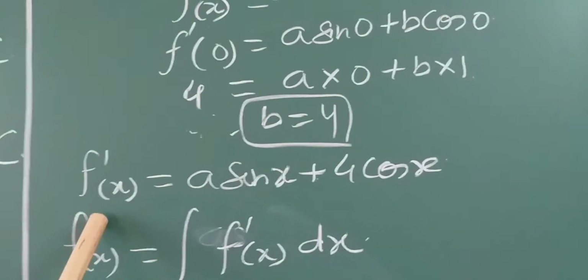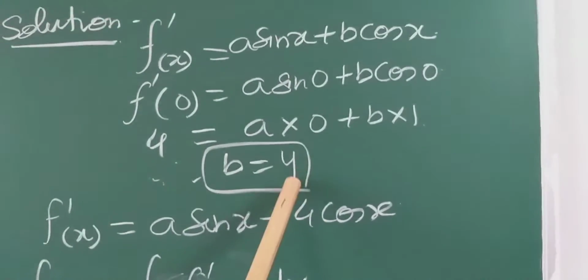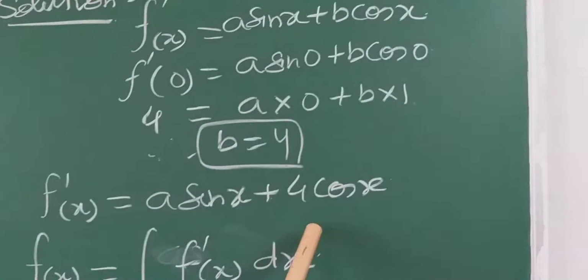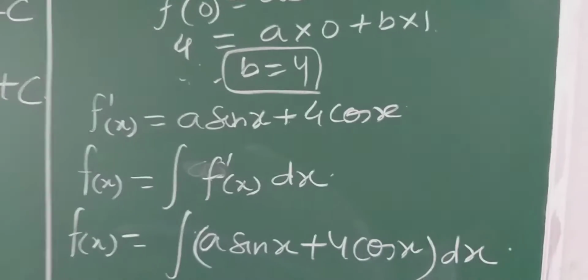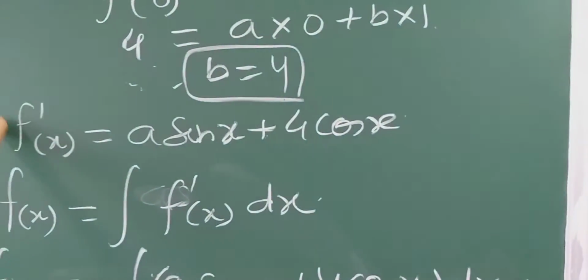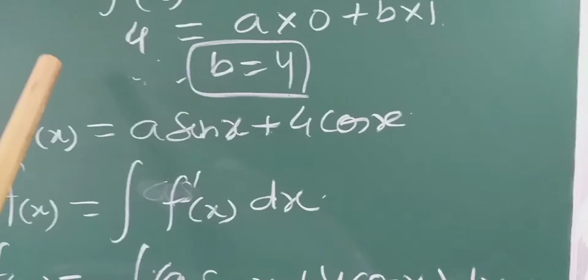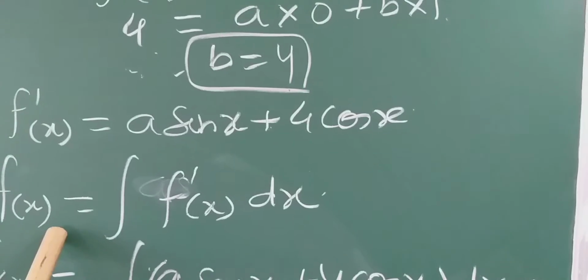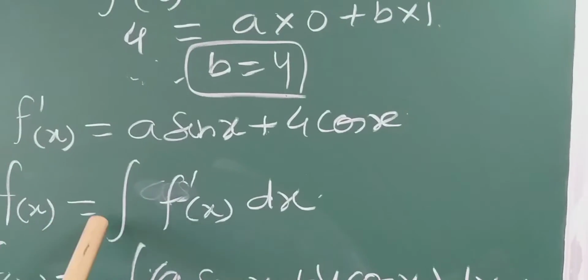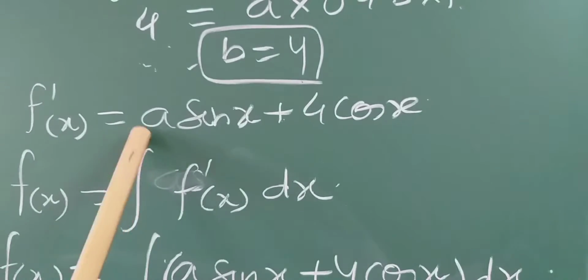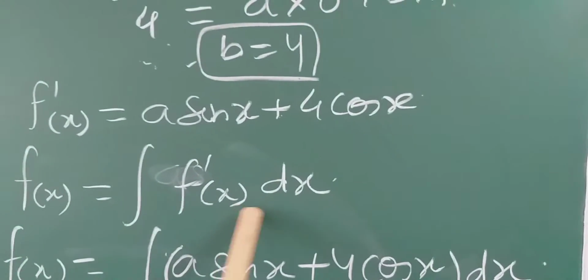Now this derivative is given to us, student. Let us put the value of b. B value is 4, so in place of b we can write 4. So f x equals, it's an integration. When the derivative is given to us and we have to find the function, we will write the integration of the derivative.